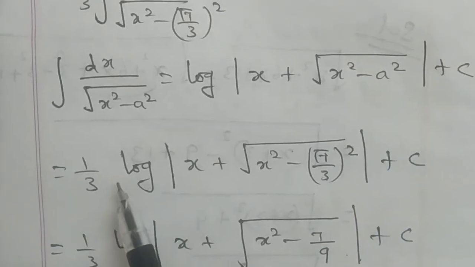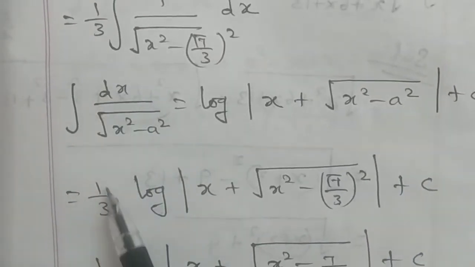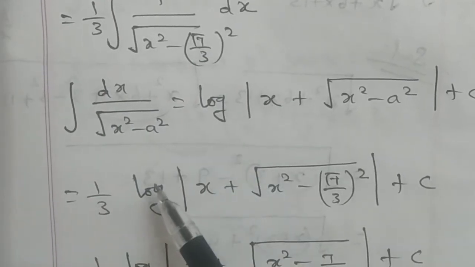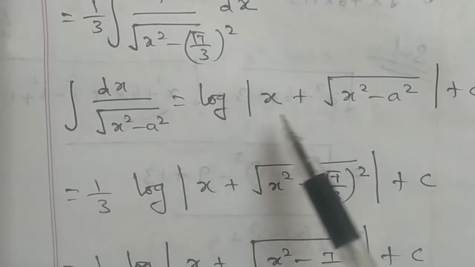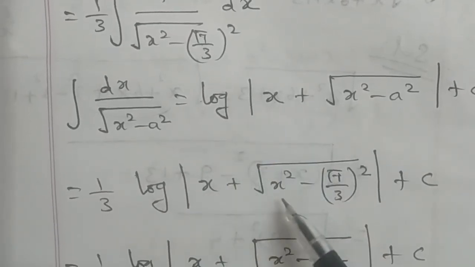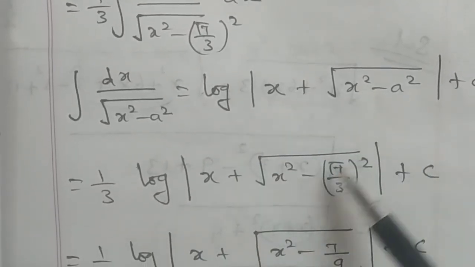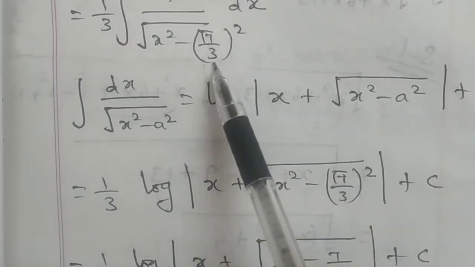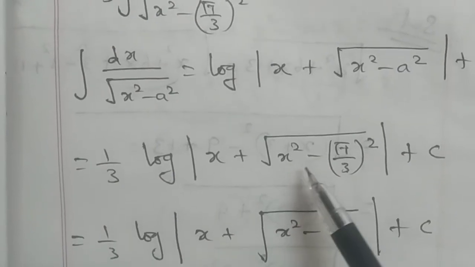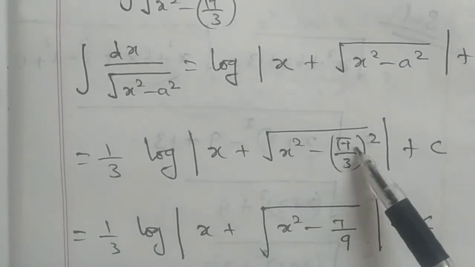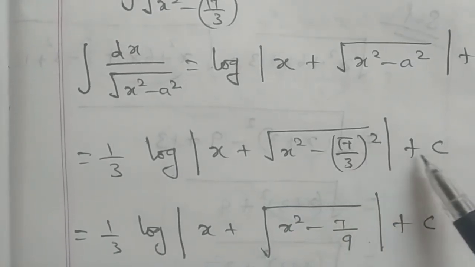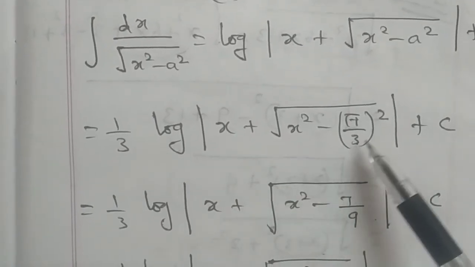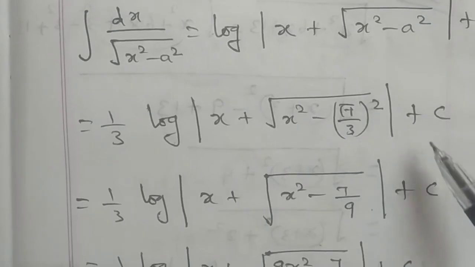So what is the value here? This 1 by 3 is a constant term. So we get 1 by 3 log modulus of x plus square root of x square minus a square. What is the a value here? The a value is root 7 by 3. So we get x plus square root of x square minus root 7 by 3 the whole square, plus c.